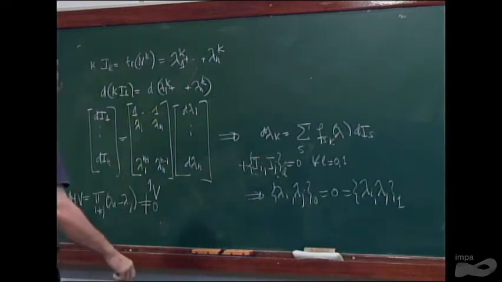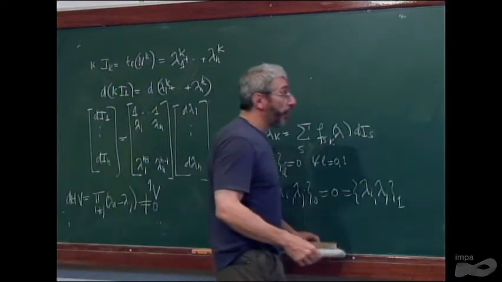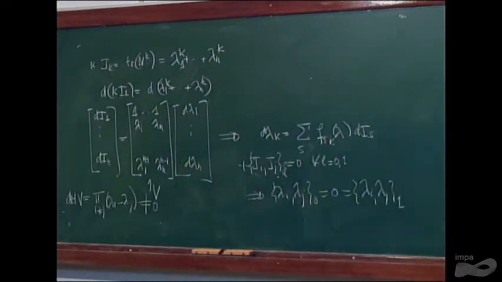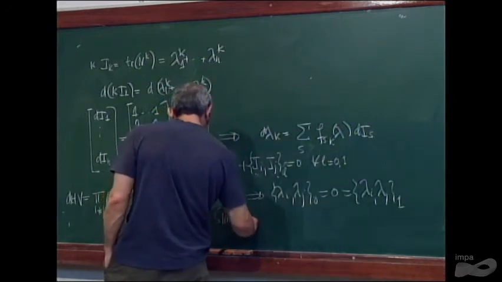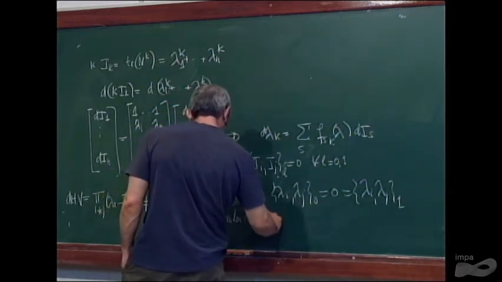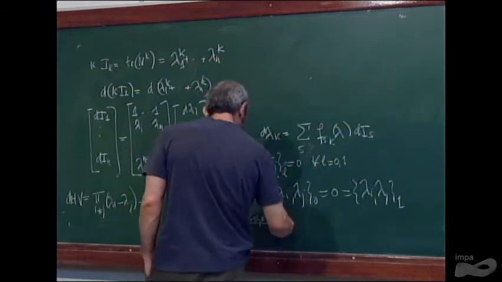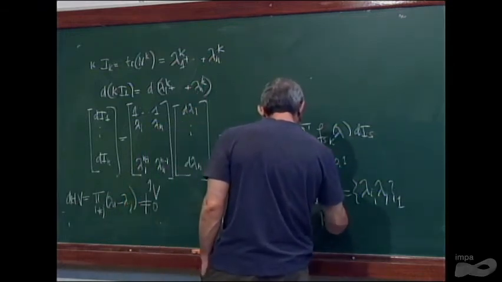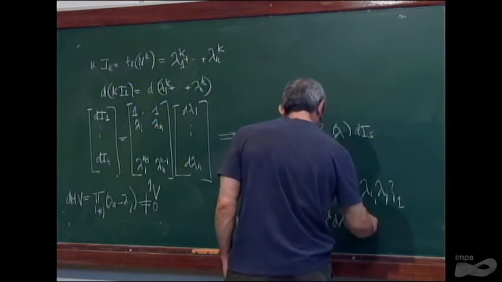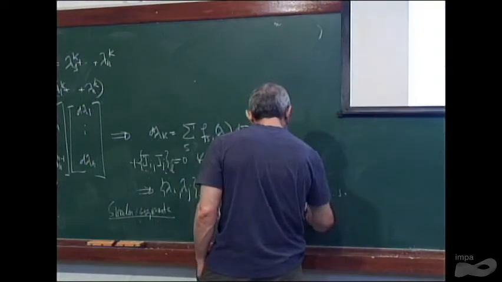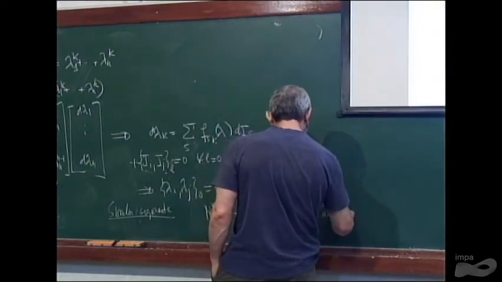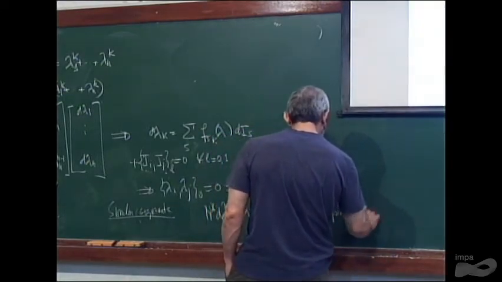Then using a similar argument, you can prove that N*(d lambda_k) is equal to lambda_k d lambda_k, where N* is the adjoint of N.